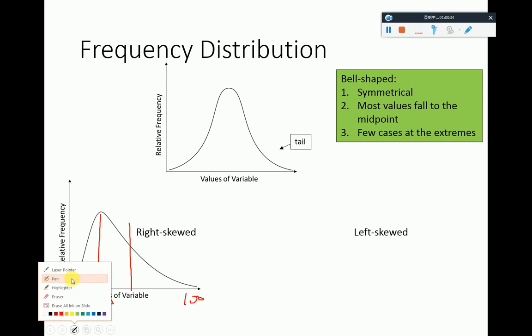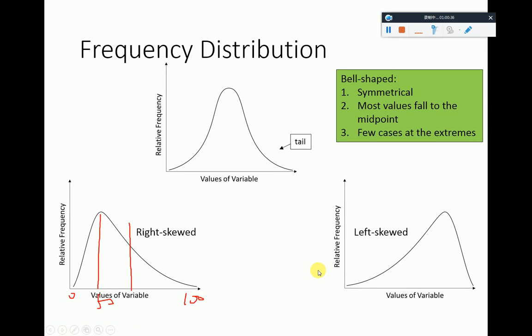In contrast, we can have the left skewed distribution. That means in this case, most values would occur to the right of the midpoint.